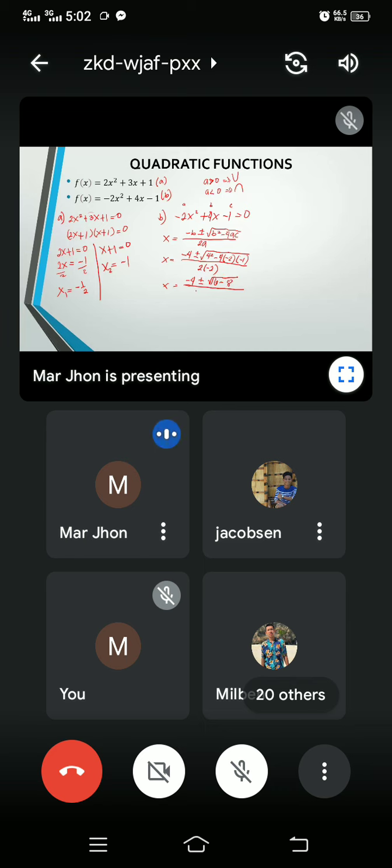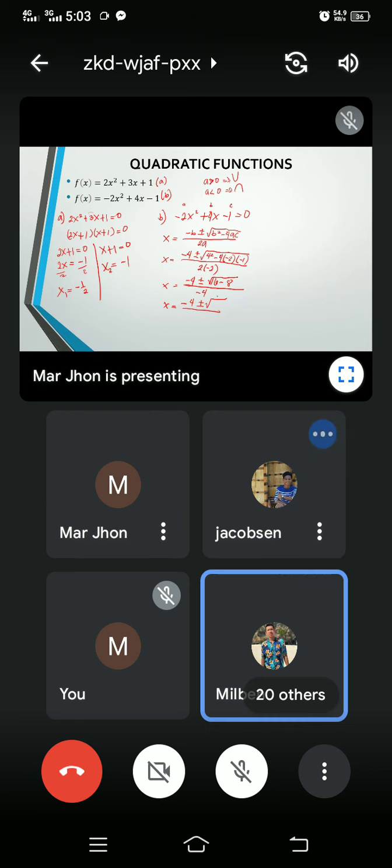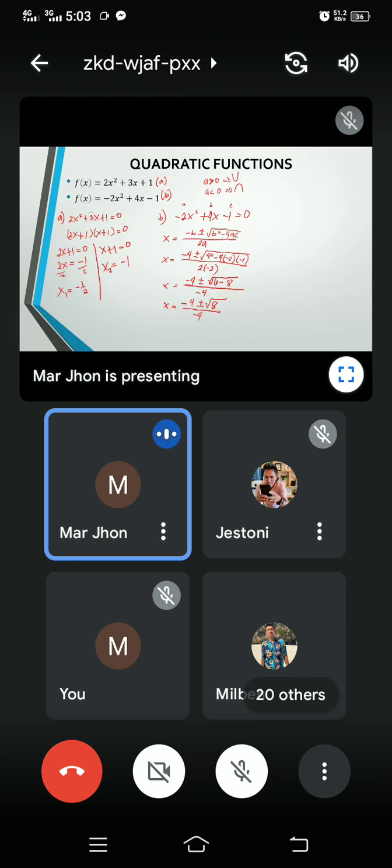Then 2 times negative 2 is negative 4. So x is equal to negative 4 plus minus the square root of 16 minus 8, which is 8, so the square root of 8, divided by negative 4.